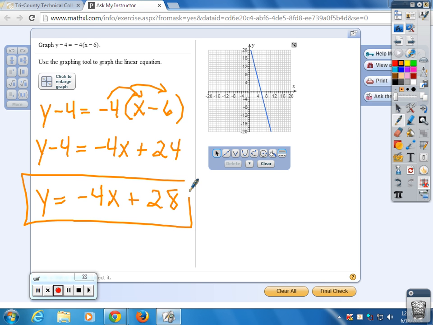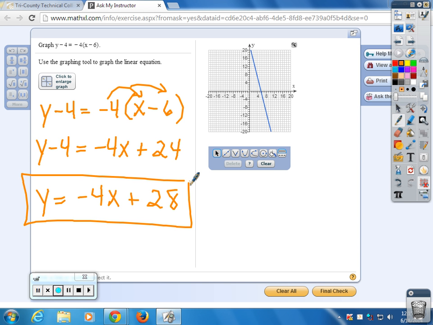There is your equation, and now you use whatever method you want to. Did you not divide by negative 4 to finish it out? No, you got y by itself. Remember, your priority is y in graph, not x.